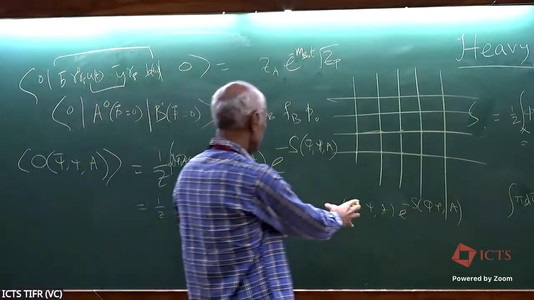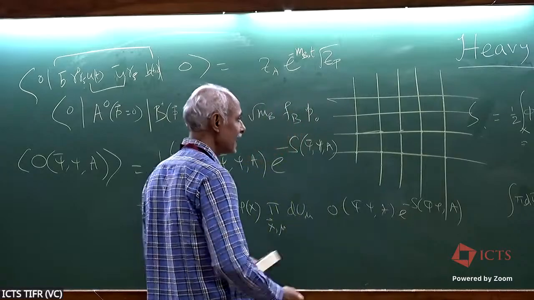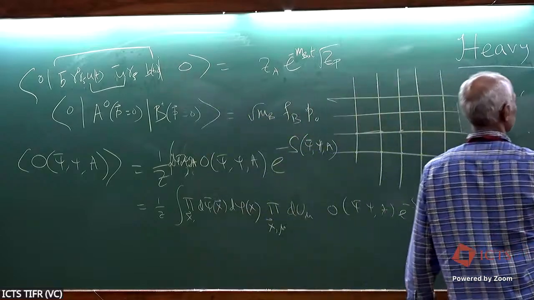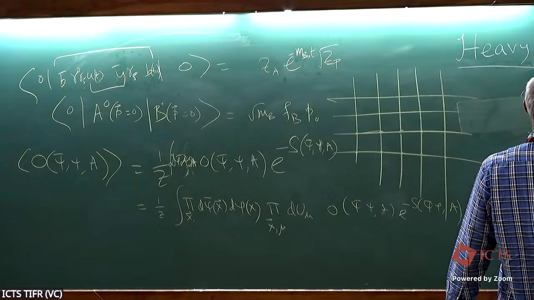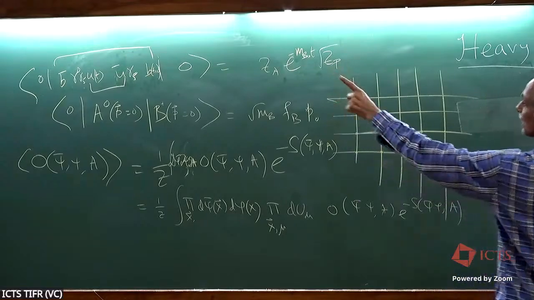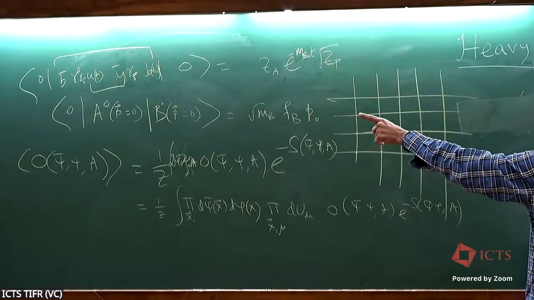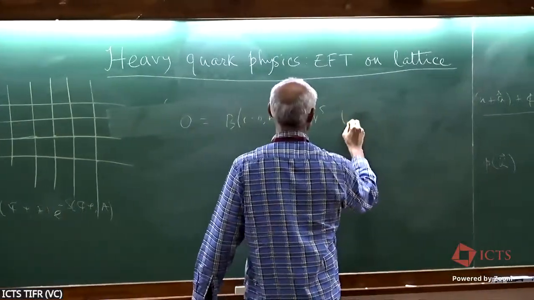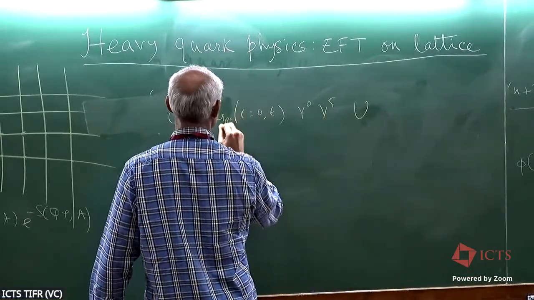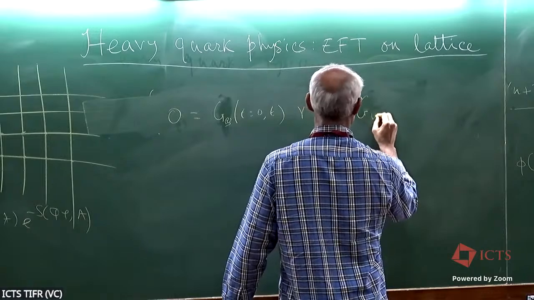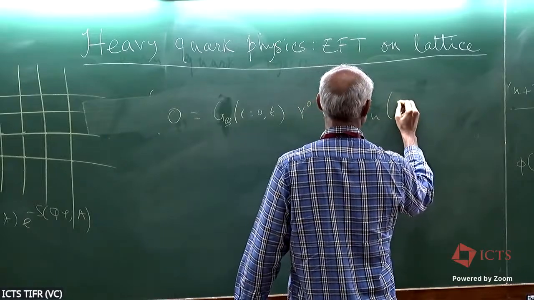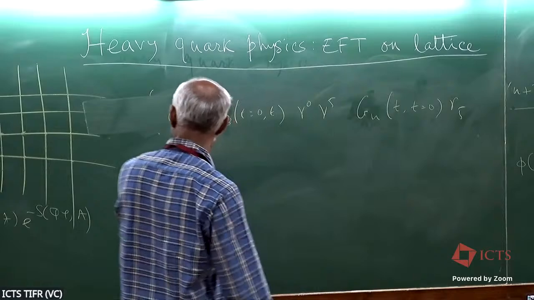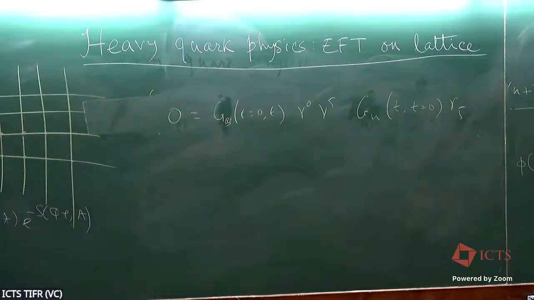So I will do a calculation like this: O is essentially a B quark propagator G_B from t equal to 0 to T, then gamma 0, gamma 5, and then a U quark propagator G_U from T to t equal to 0, gamma 5. It is just a Wick contraction of this expression.